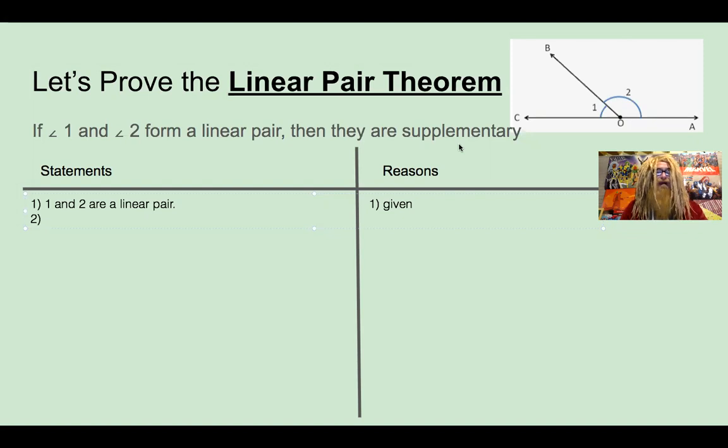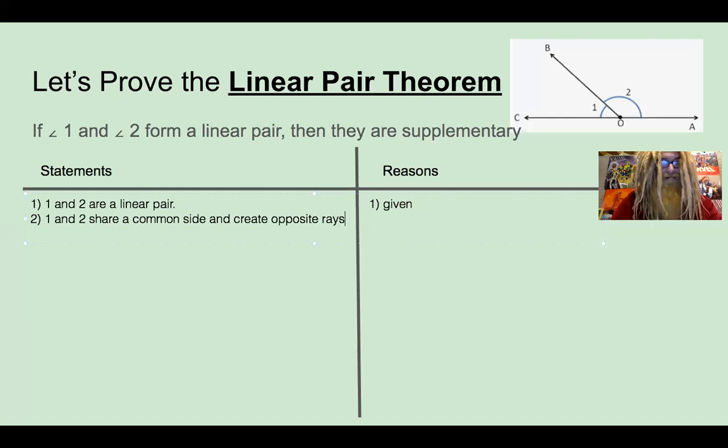It means if we have a linear pair, 1 and 2 share a common side and create opposite rays. Now, opposite rays means a line, so it's not too hard for us to figure this out. But this is the definition of a linear pair.